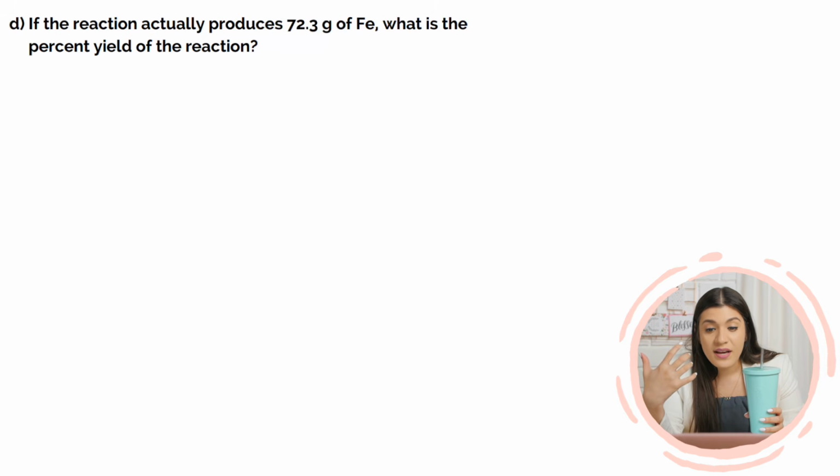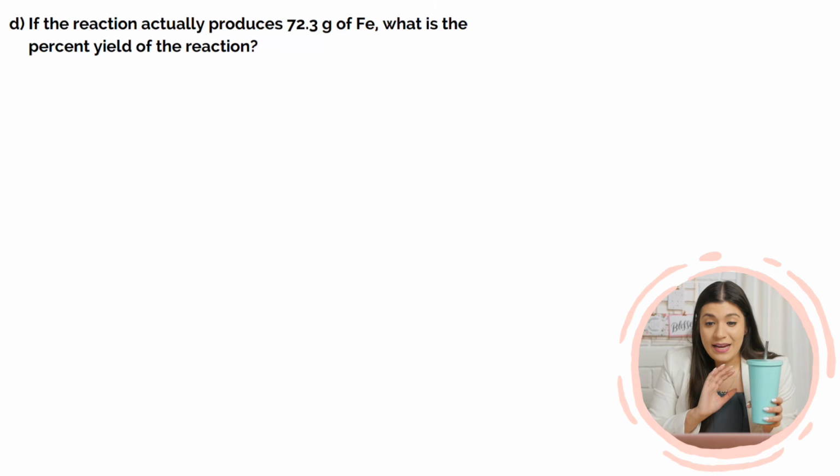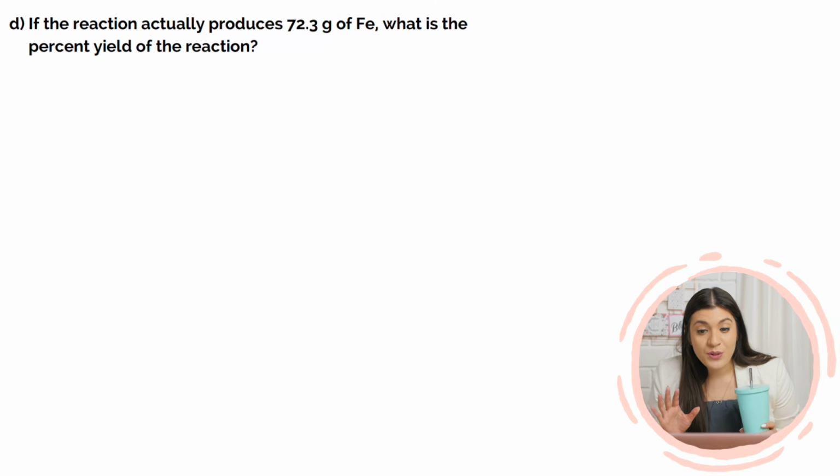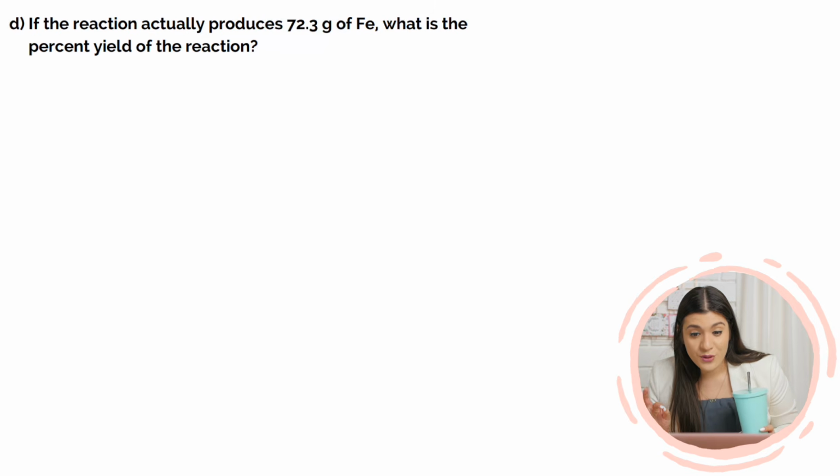actually have an amount of product, my actual yield is what I make in the actual experiment, or what I physically do. My theoretical yield is what a scientist, or a perfect scenario, would produce, or what should have been produced. Does that make sense?